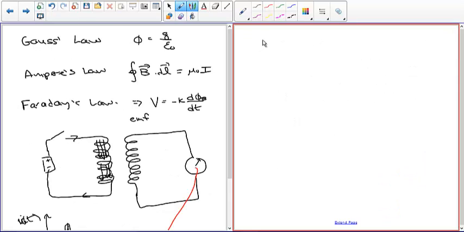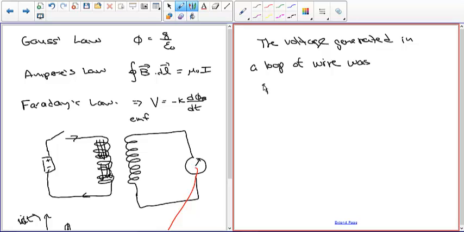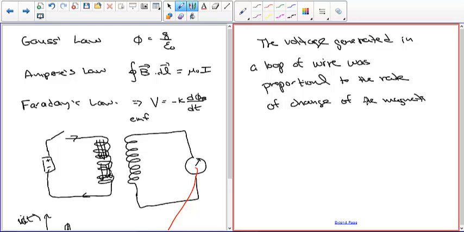Okay, so Faraday said that the voltage generated in a loop of wire was proportional, that's where there's the K there, proportional to the rate of change of the magnetic flux.